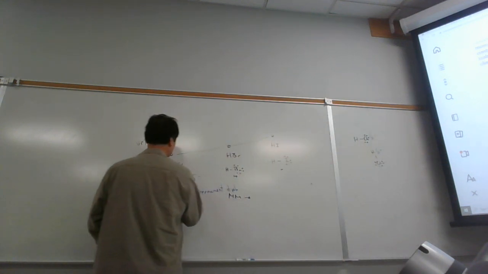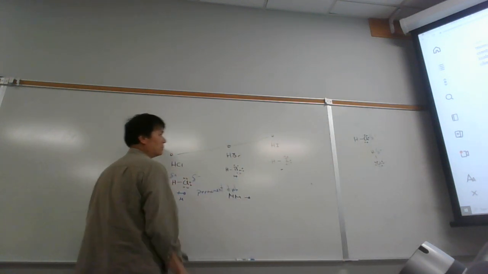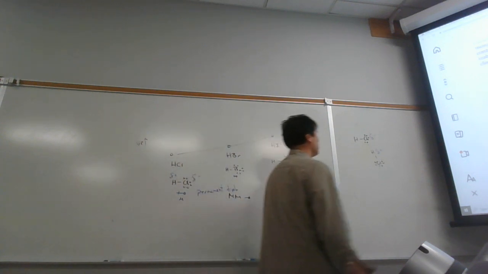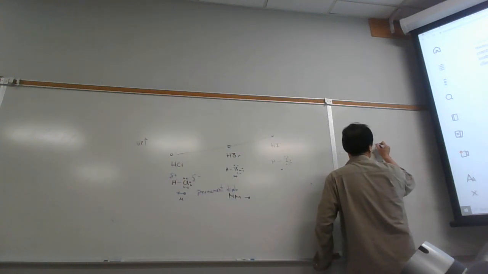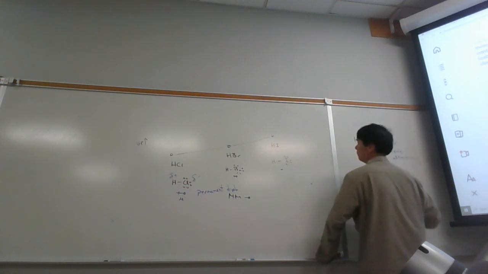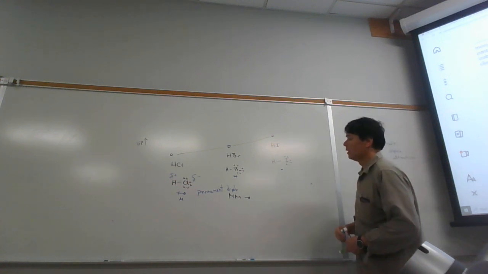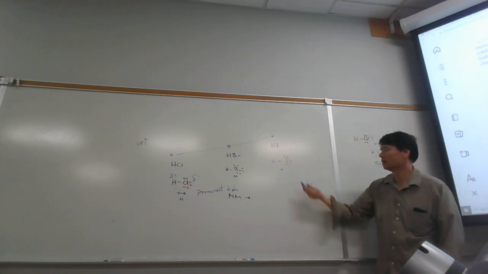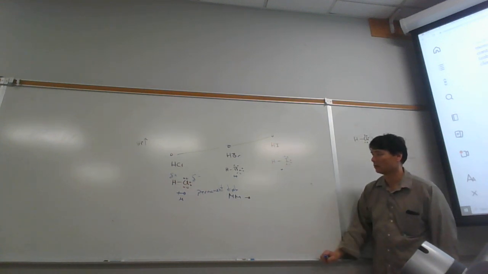There are two poles, positive pole and negative pole, and so this is our dipole-dipole attraction. HI should have the weakest dipole-dipole attraction.